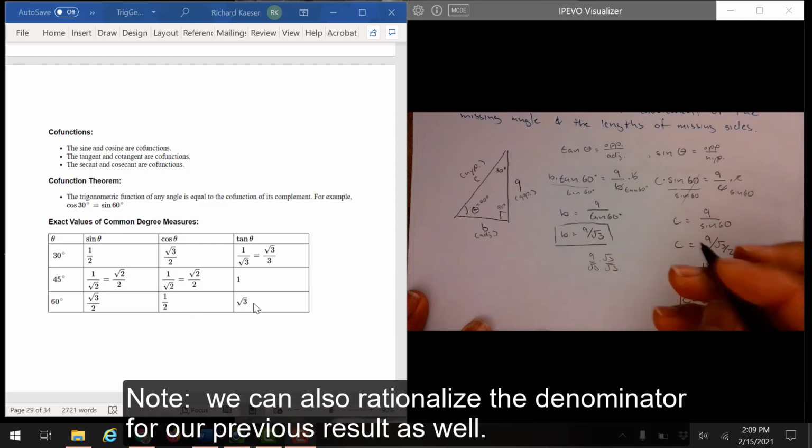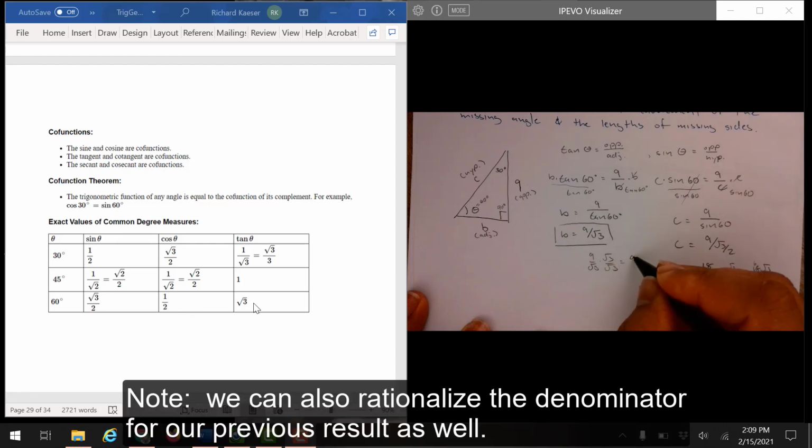Note, we can also rationalize the denominator for our previous result as well.